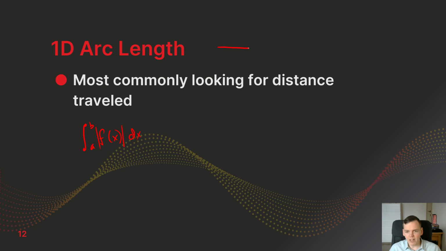So if you go 5 meters this way, but then you come back by 3 meters, we want to add that 3 and get a total of 8. So that means instead of this being a negative 3, we want to make it positive 3. And that's why we just throw these absolute value signs on there. The way that you actually end up doing this is you look for anywhere that this function is negative, you just force it to become positive.